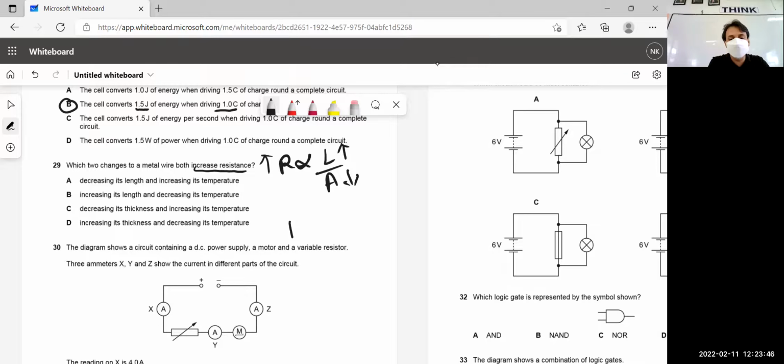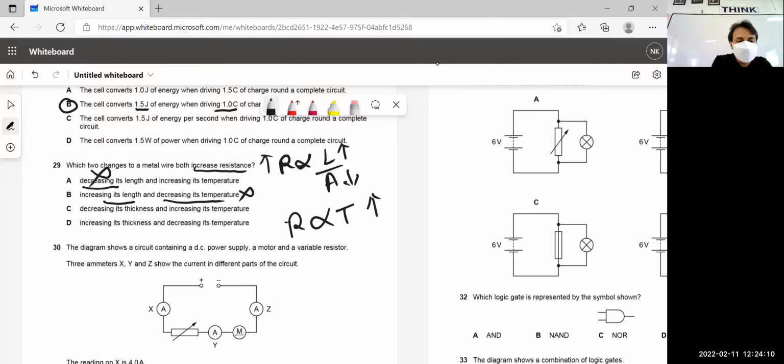In case of a conductor, R is also proportional to temperature. If I increase the temperature, resistance increases. Now, option A, decreasing its length: no, if I decrease the length, resistance will decrease. Option is wrong. Increasing the length, this part is correct. Decreasing the temperature is wrong, because if I decrease the temperature, resistance of the conductor also decreases.